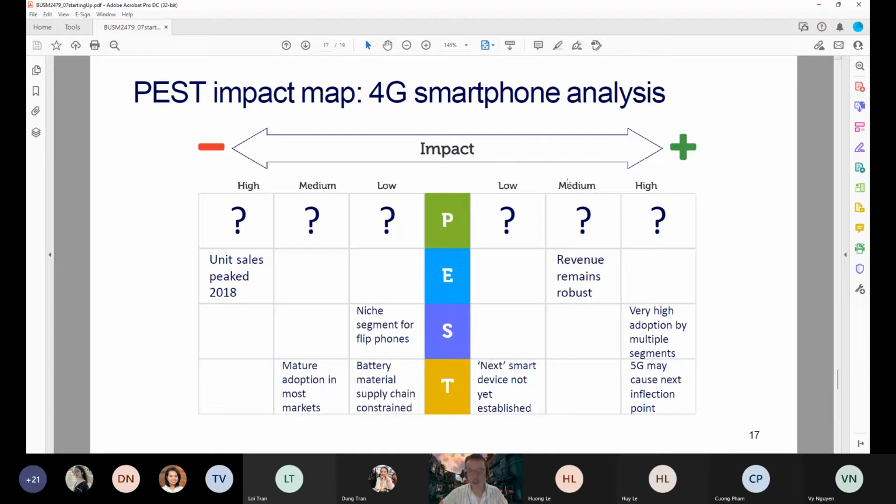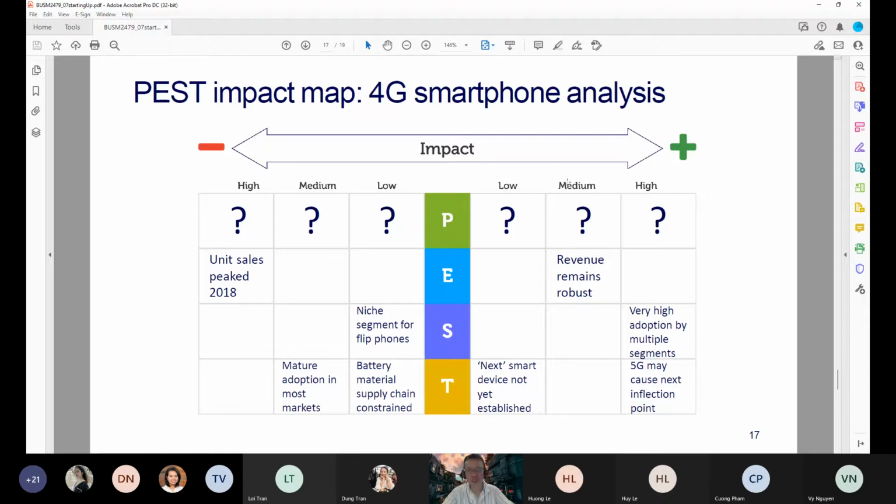And by using this method, it encourages you to be less subjective and more objective. You're looking for positives and negatives on all of your P, E, S, and T. So instead of just thinking, oh, one positive thing about politics, one negative thing about economics, this method encourages you to look at positive and negative factors. So that's good for you.